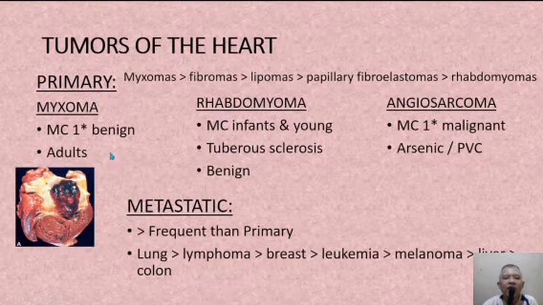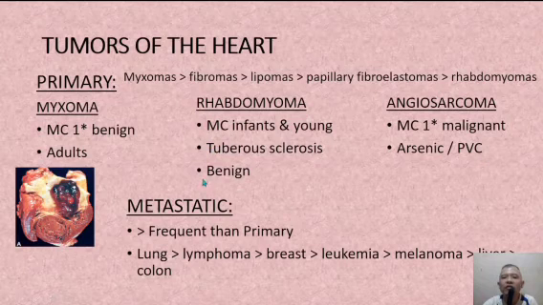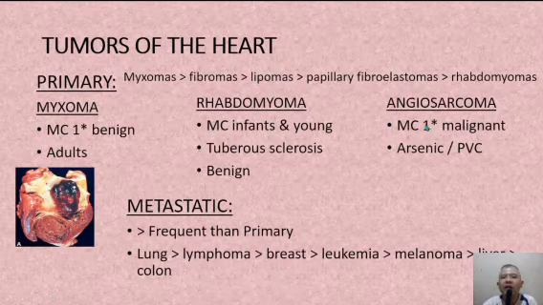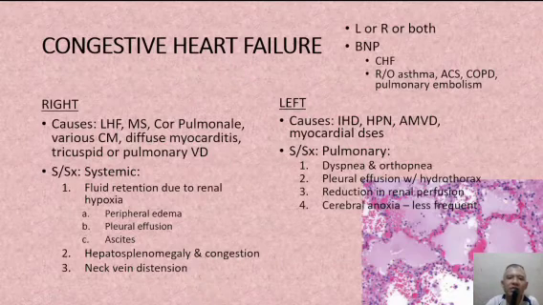So myxoma is commonly found in the atrium, left atrium. Rhabdomyoma is found more in the ventricle. It's associated with tuberous sclerosis. Angiosarcoma is the most common primary malignant. But in relation to metastatic carcinomas, primary carcinoma of the heart is rare compared to metastatic forms.